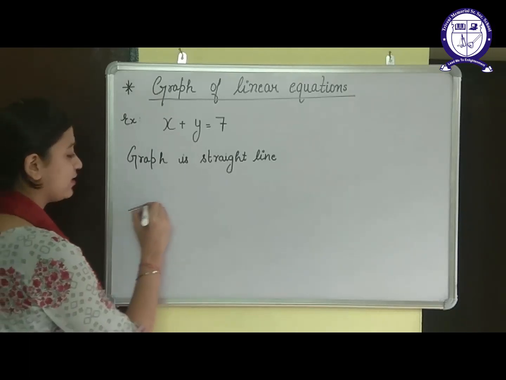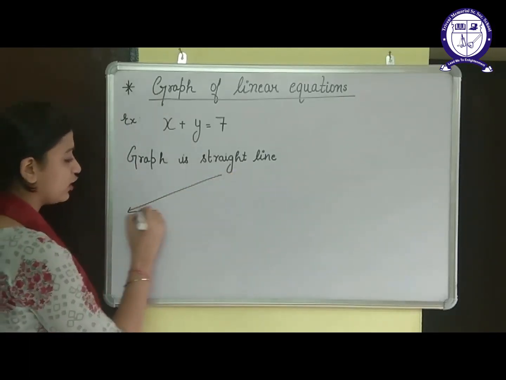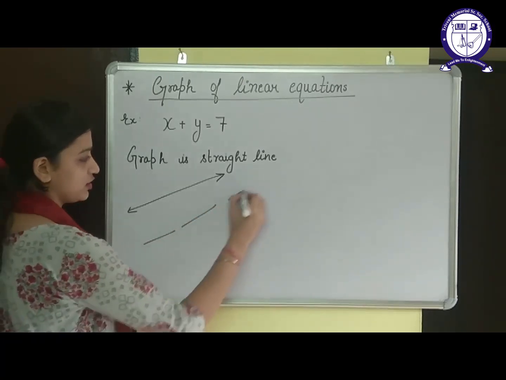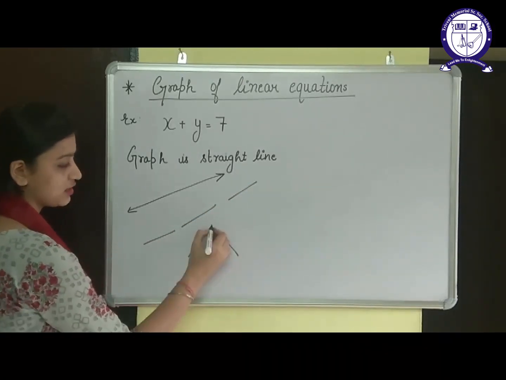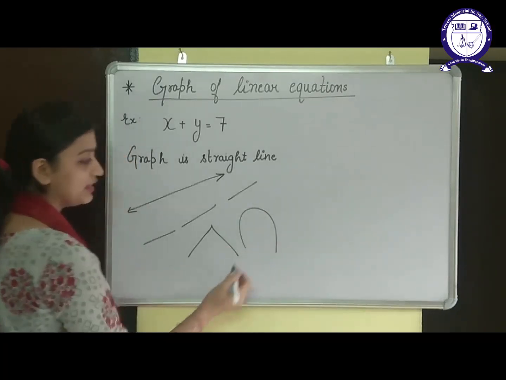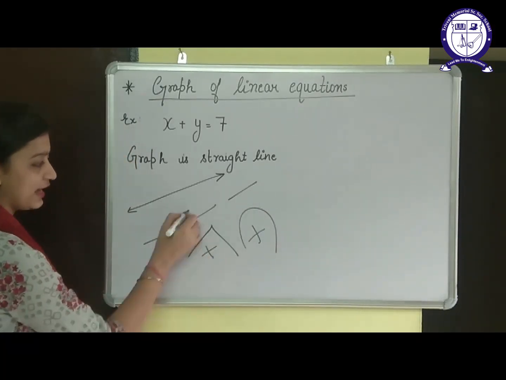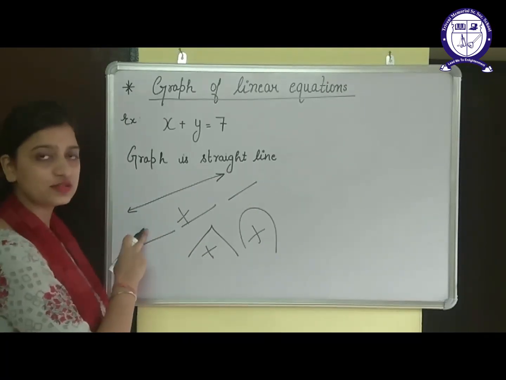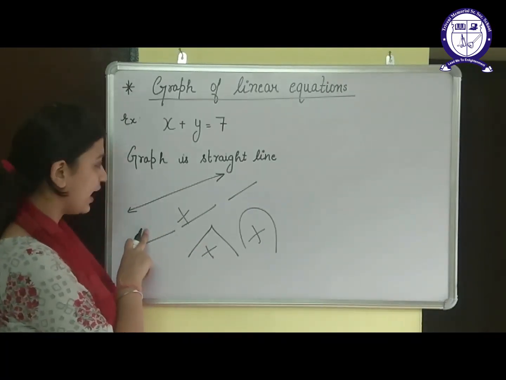Like this, it will go on continuously. It cannot be like this or this. These are not my straight line. Straight line is this one. So the graph will always be a straight line.